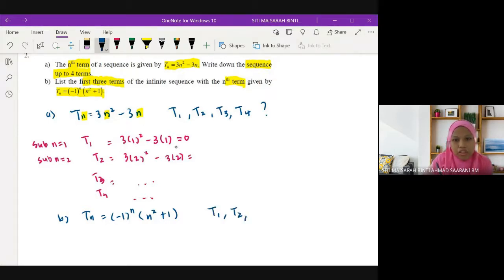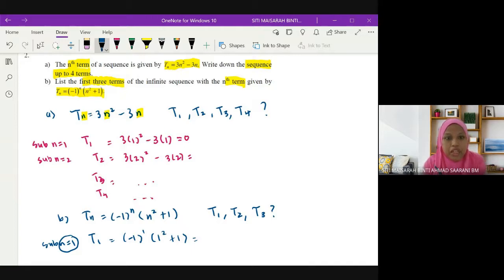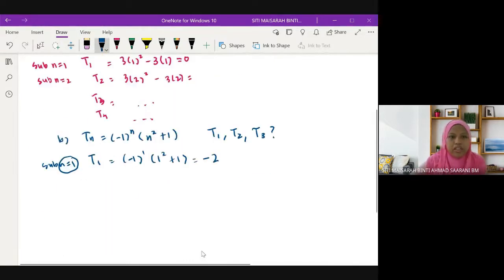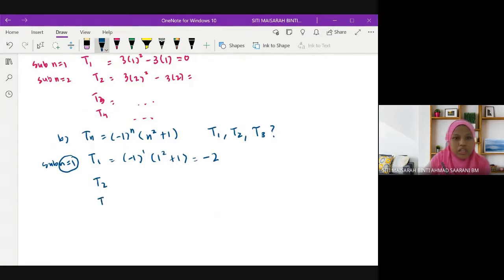If we want to find T1, then substitute n equals to 1. So we get negative 1 to the power of 1 multiply 1 square plus 1. Negative 1 to the power of 1 is negative, so we get negative 2. This is for T1. Then to find T2 and T3, substitute with n equals to 2 and n equals to 3. You can continue for T2 and T3.